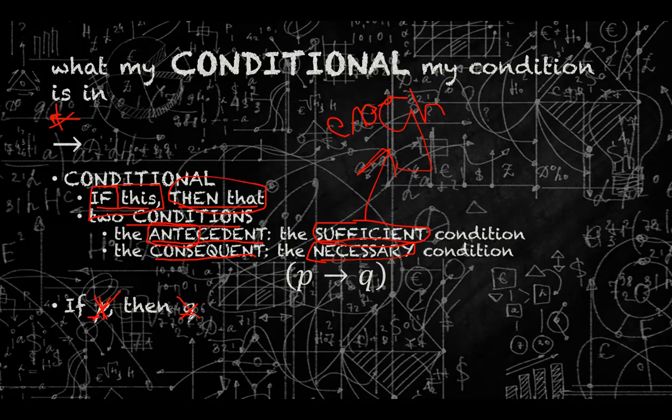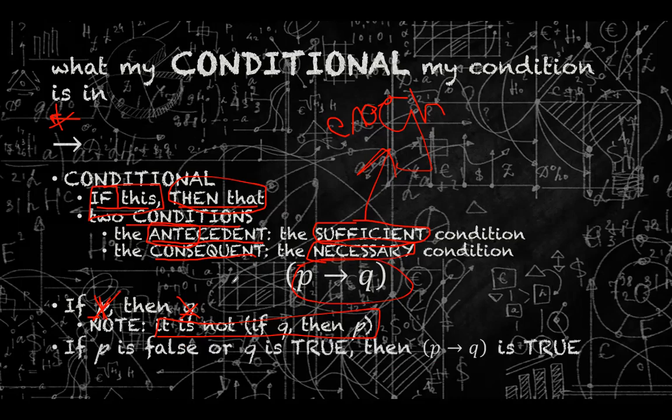So no, it's not if Q then P. When we do this, we have to say it in the proper order. And to make if P then Q true, it's true if P is false or Q is true.